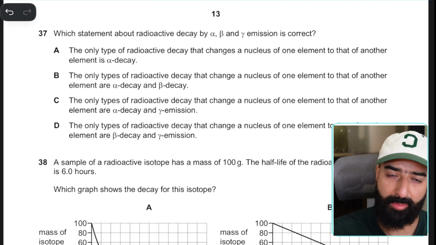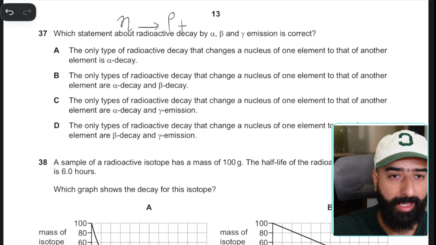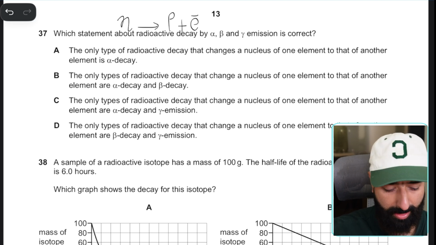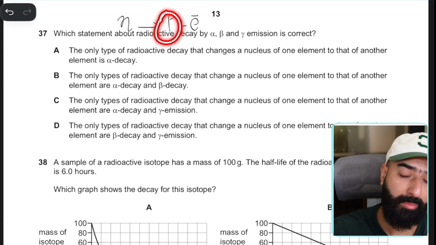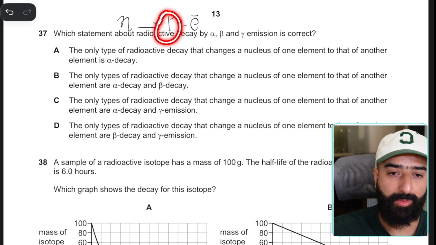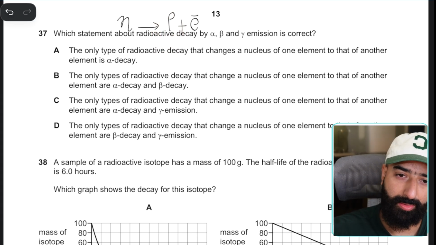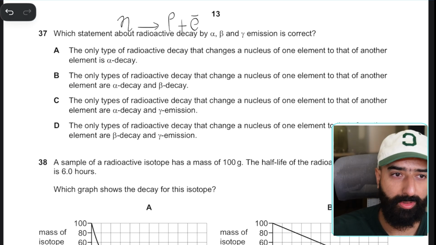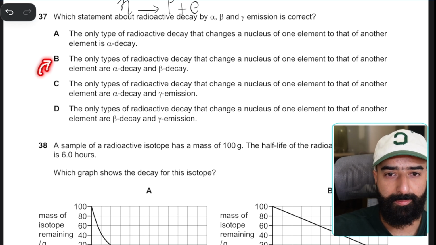Basically, what happens in a beta decay is a neutron converts itself into a proton and an electron. So there's an increase in the proton number. So if the atomic number increases, the type of nucleus changes into a different nucleus. So alpha and beta both can do that. So the correct option is B.